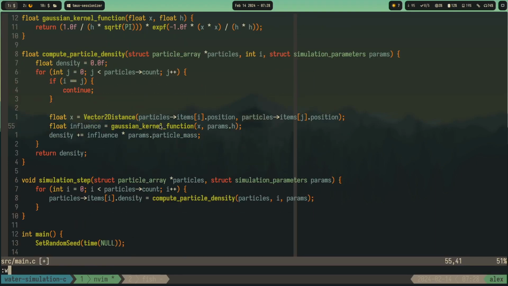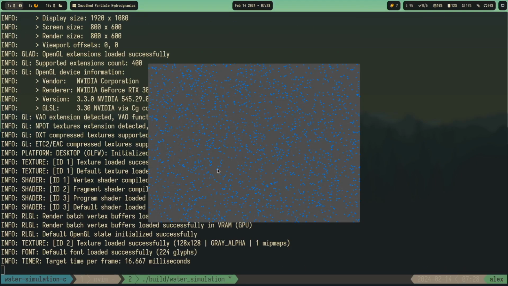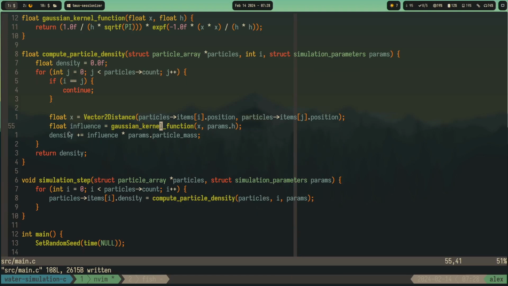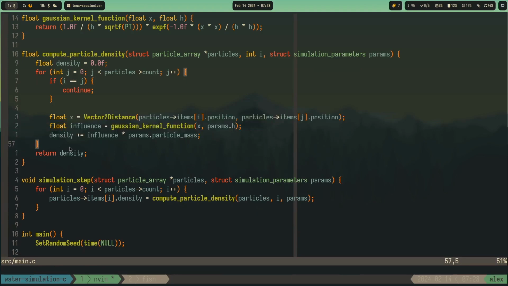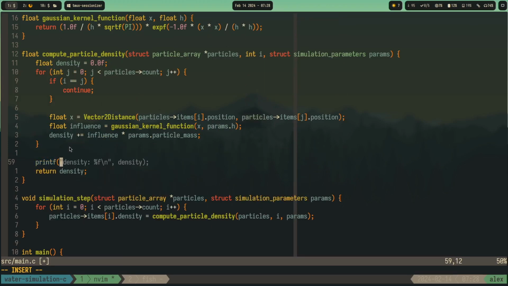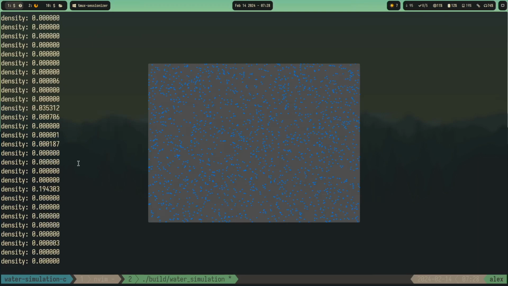Yeah, weird. So now we actually get what looks like the right values, right? So let's try to maybe printf the density here and see what we get. Sometimes it's 0.